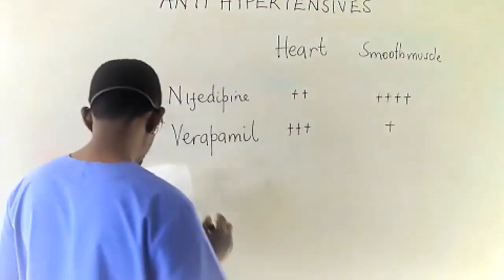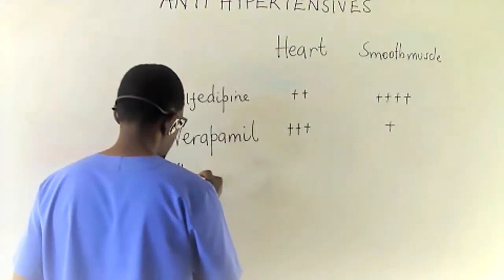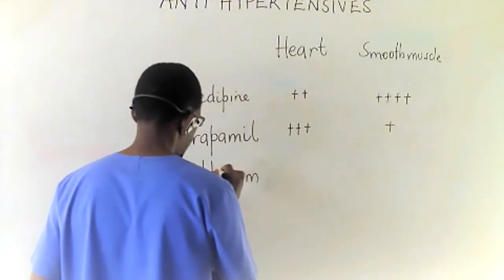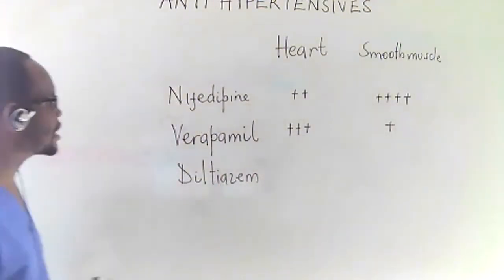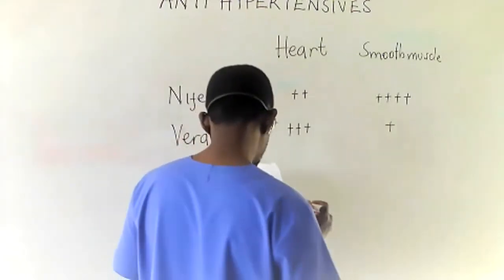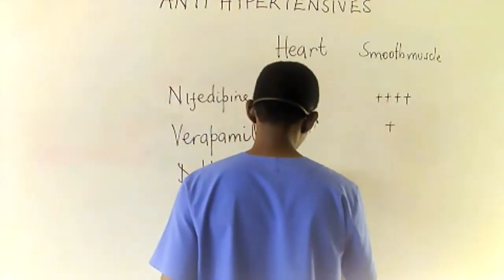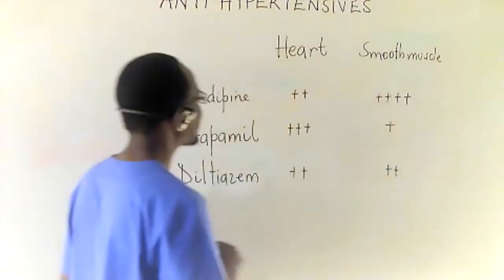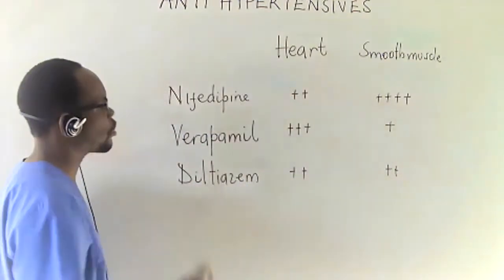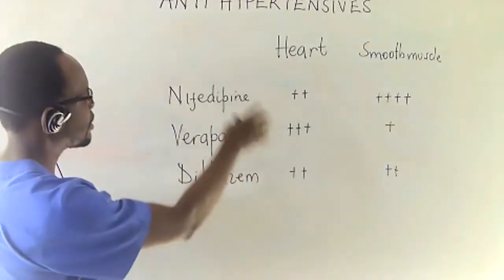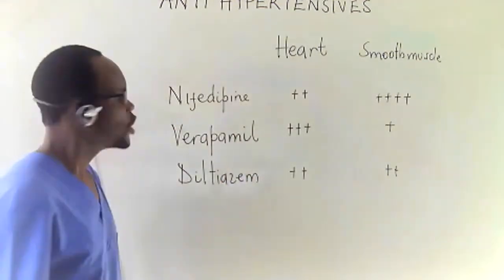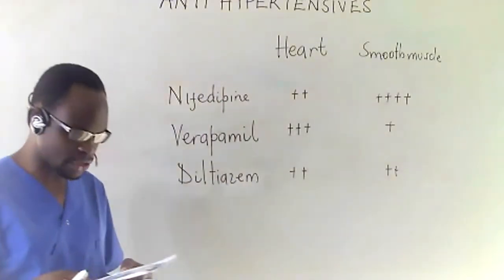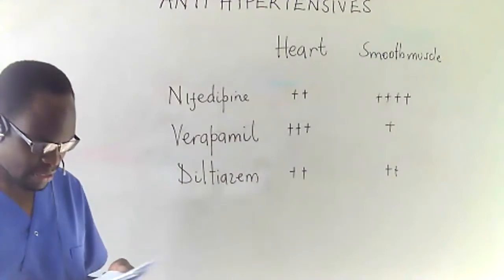And the other example is diltiazem, and diltiazem basically has an effect on both the smooth muscle and the heart.